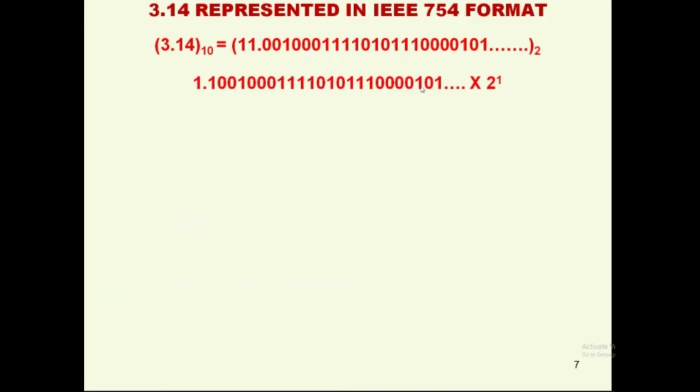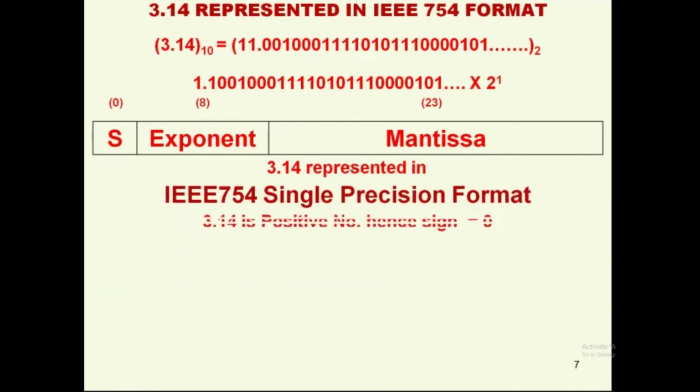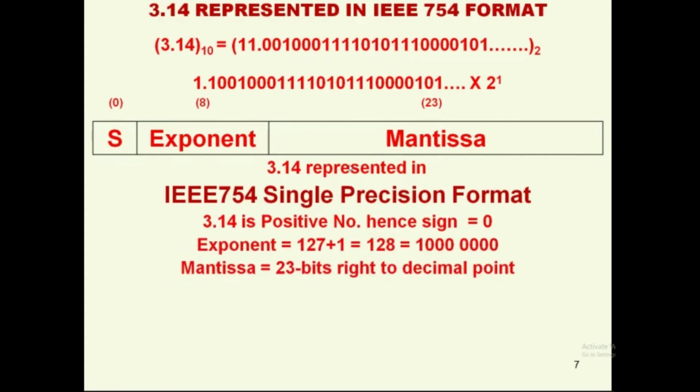Okay, so when we bring it to 1 point, as we all know, the 3.14 when it is represented in single precision IEEE 754 format means the 3.14 is a positive number, so sign bit will become 0, and the bias is 127, and here it is 2 power 1, so 127 plus 1 is 128, then mantissa 23 bits right of the decimal point.